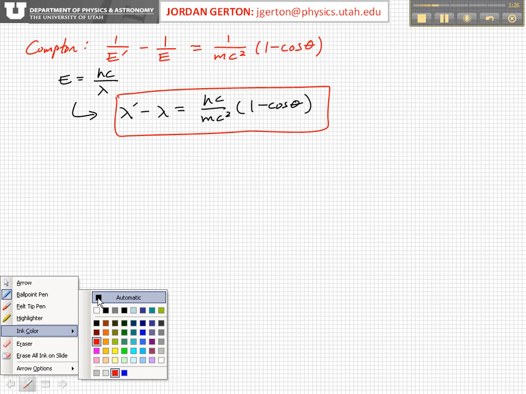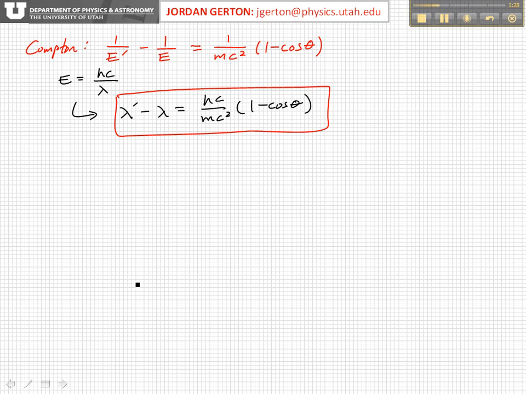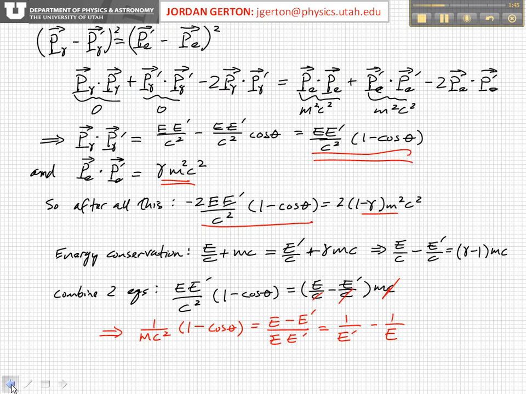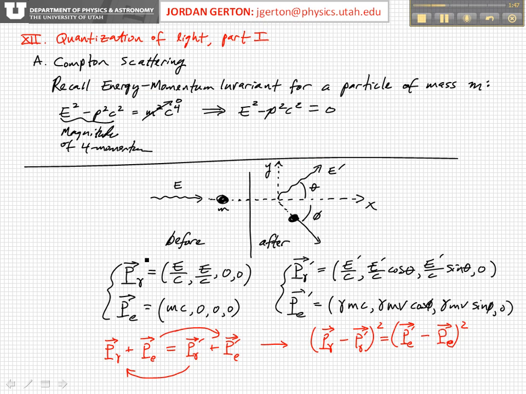The first thing to notice is that the wavelength of the scattered light is not the same as the incoming wavelength of the light, and it depends on which angle you look. Let's remind ourselves of the geometry. We have a photon coming in, hitting a particle of mass m.